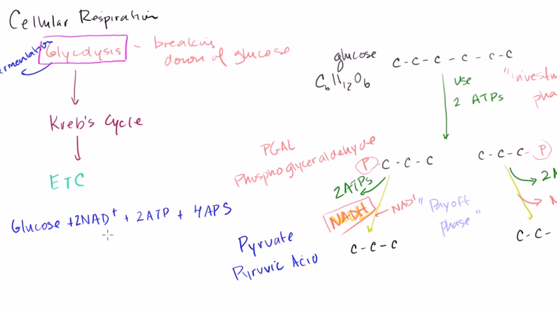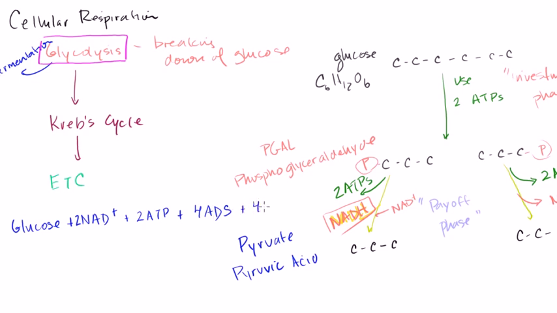ADPs. And then after performing glycolysis, let me write it here. Let me just rewrite that part right there. 4 ADPs, and then you maybe need 2 phosphate groups because we're going to need 4 phosphate groups.